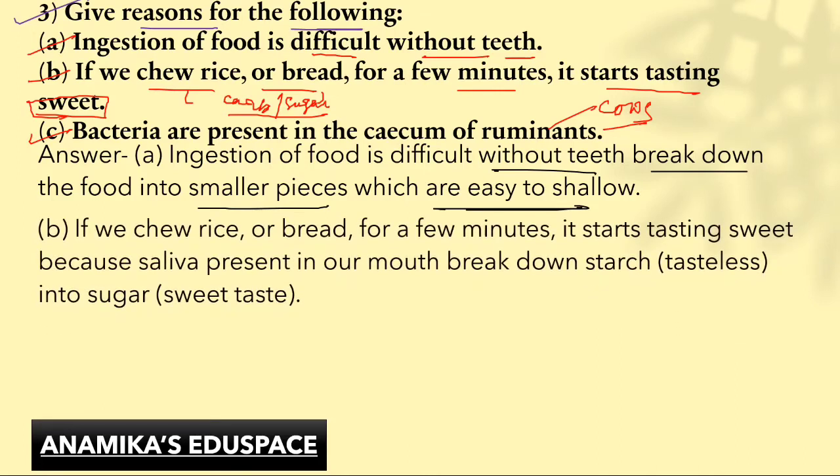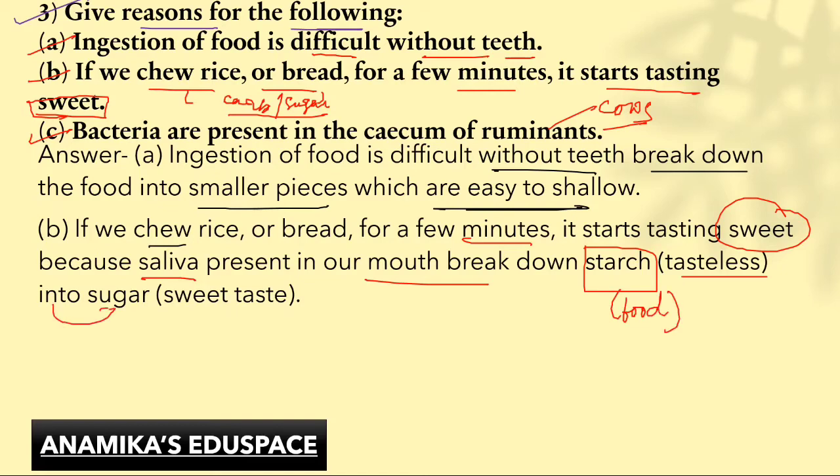Number B, if we chew rice or bread for a few minutes, it starts tasting sweet because saliva present in our mouth breaks down the starch which is present in the food. So the starch, which is tasteless, is converted into sugar. Okay, so that's why it seems sweet in taste.